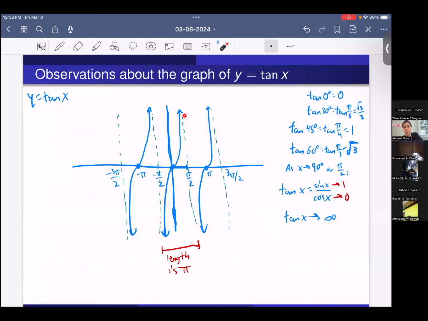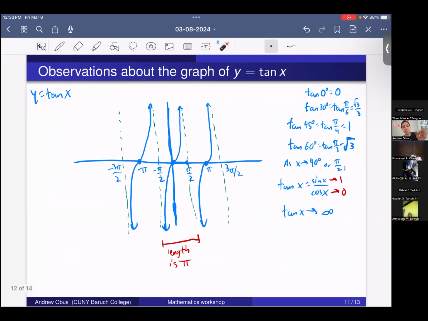We don't need any unit circle or anything like that to know what happens with tangent between 0 and pi over 2, 0 and 90 degrees. And from this, we can extrapolate the entire rest of the graph. So we have the negative part over here, and then once you have something of length pi, then you know it just repeats itself every time you move it over by pi.